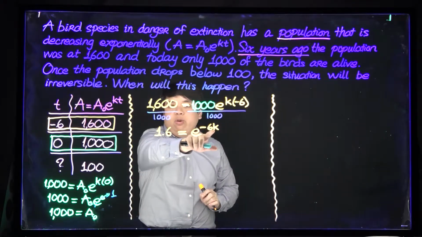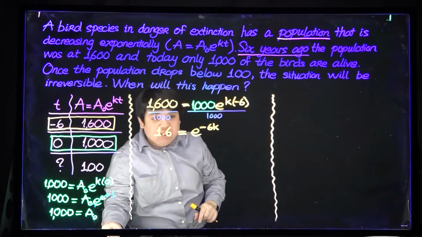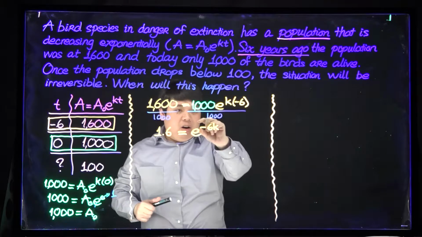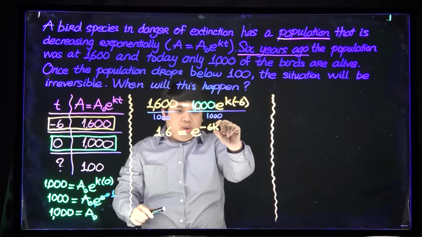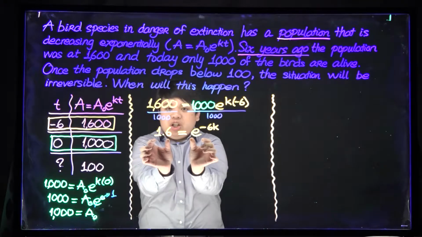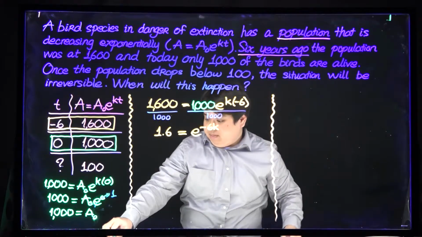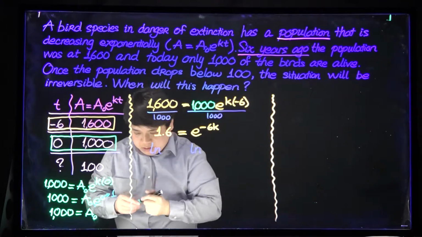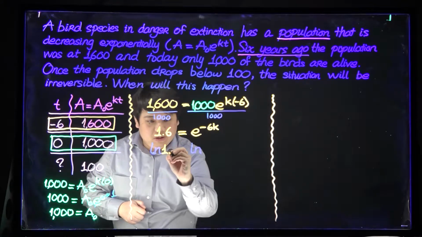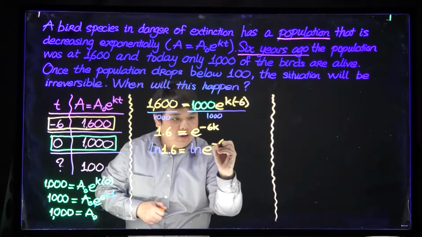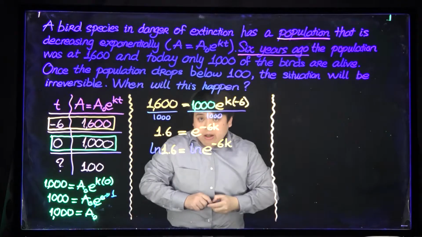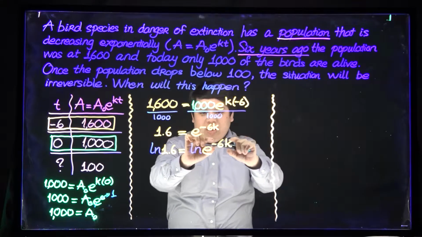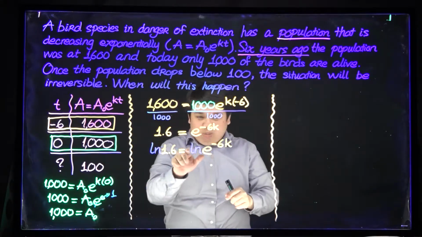Next, we need to solve for k because we have everything else except for that. k is in the exponent. To solve an exponential equation, we need to take ln on both sides because the bases are not the same. So I will take ln on both sides. With that, we take advantage of the properties of the log, where we can take the exponent and move it outside, or we can pretty much cancel here.